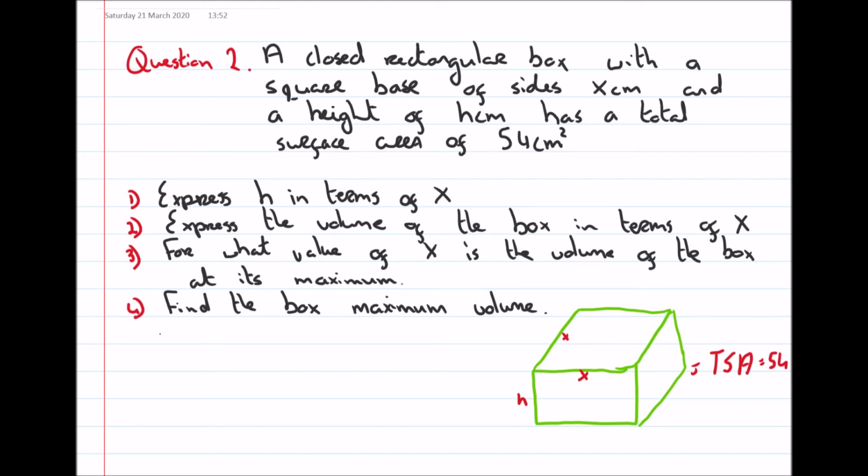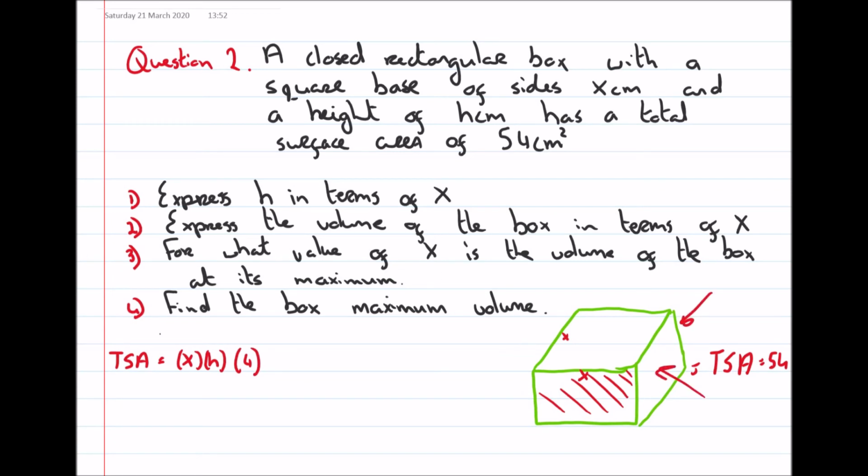So total surface area of this equals, let's see, we have this side, which is x by h, and we've 4 of those, don't we? We've that side, this side here, the back, and the other side.